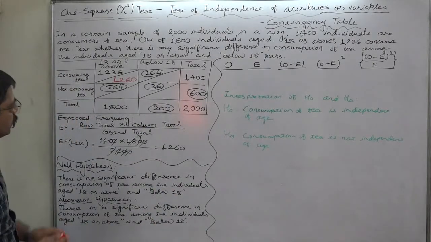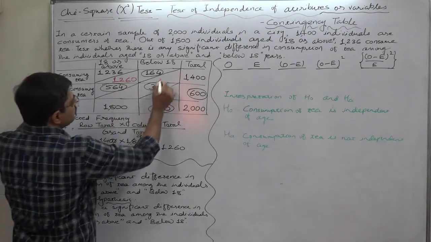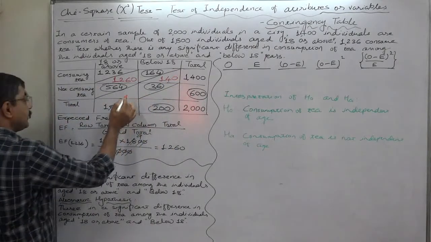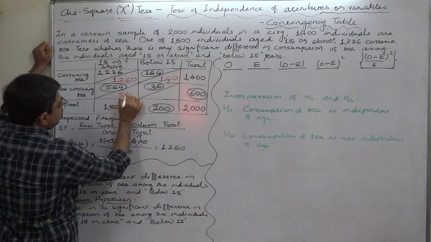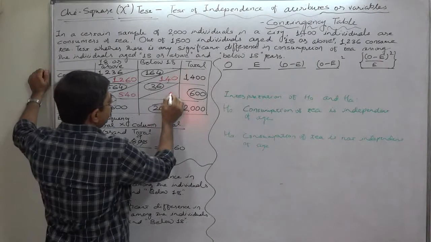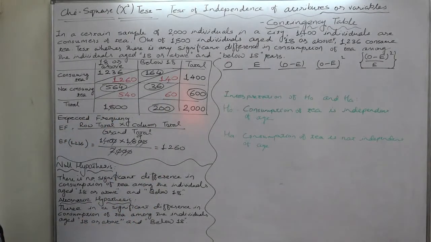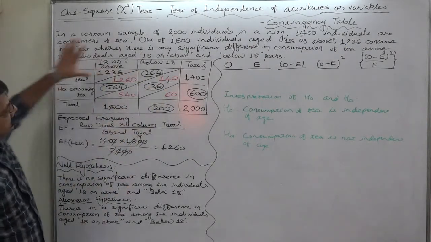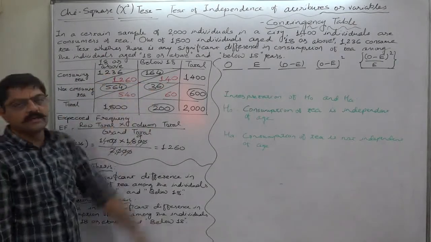Okay. So 1400 minus 1260, the gap is 140. 1800 minus 1260, the gap is 540. 600 minus 540, the gap is 60. So now we have all four expected frequencies. This is the contingency table with observed as well as expected frequencies.